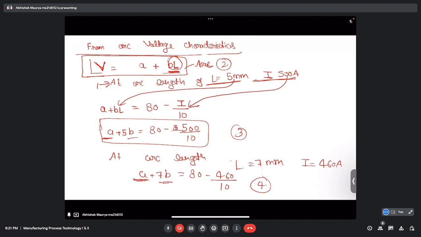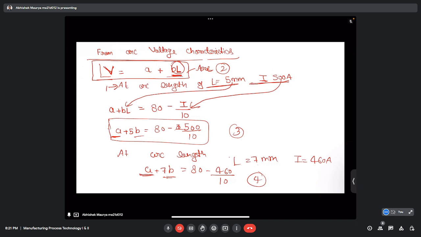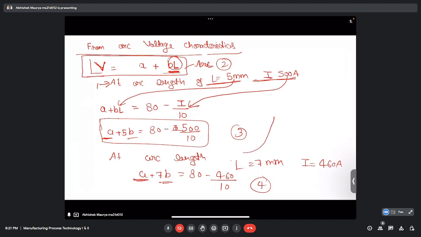When we solve it out, the final answer which we will get, I will write it here. You solve it out, you can find that B is equal to 2 and A is equal to 20.